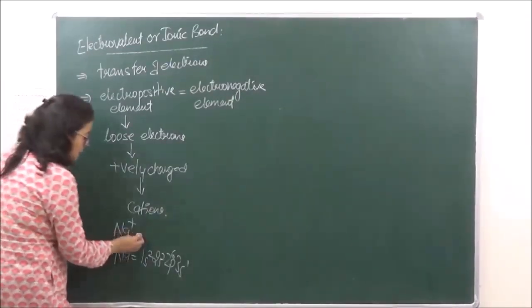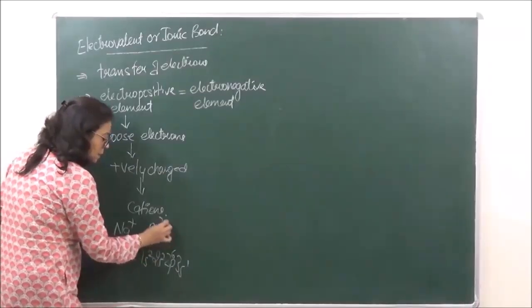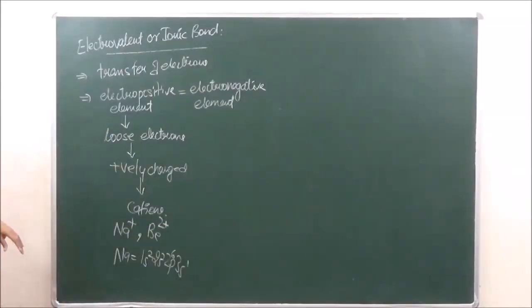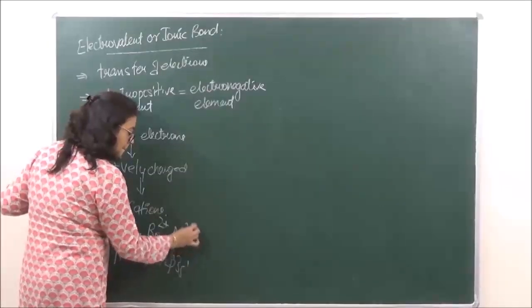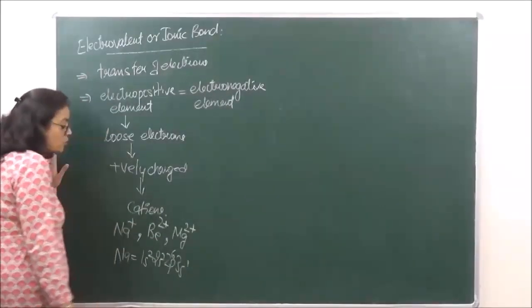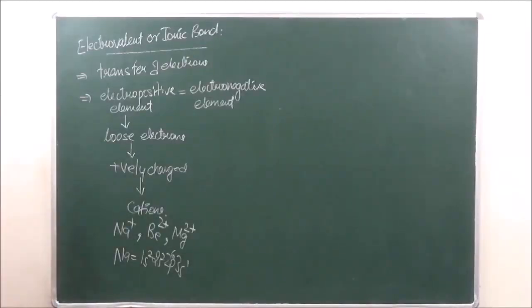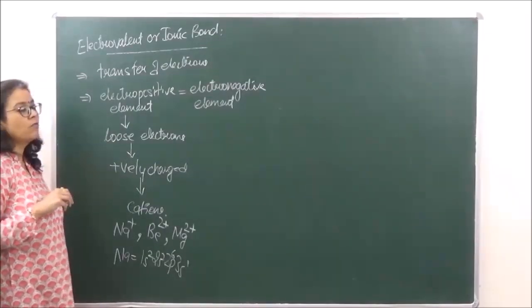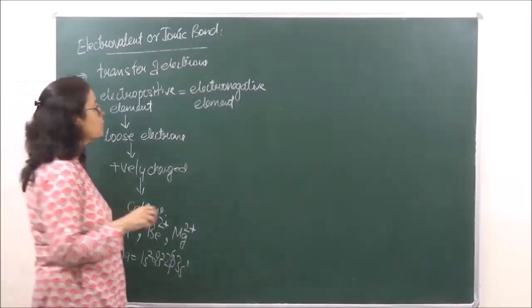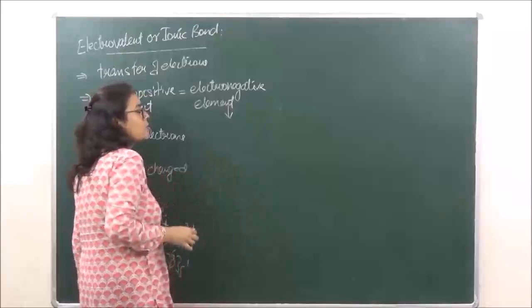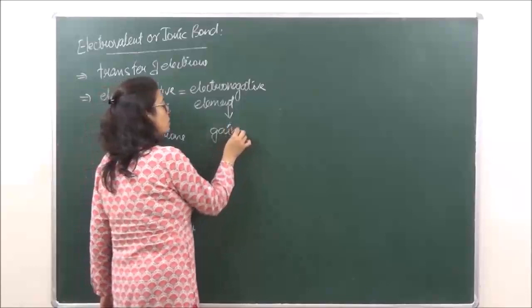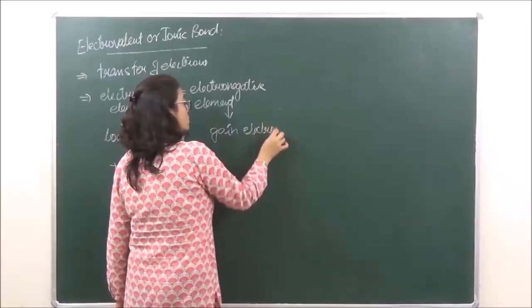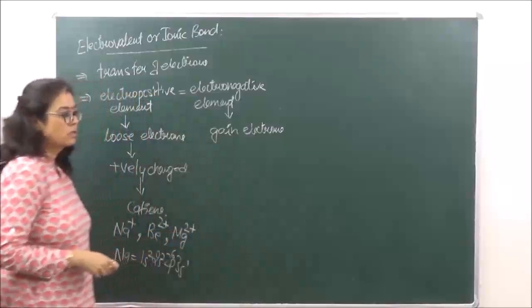Okay. Similarly, beryllium has a tendency to form Be2 positive, or we have magnesium, right? So these are known as cations, which are formed by loss of electrons. In case of electronegative elements, we say that electronegative elements are those elements which have a tendency to gain electrons, right?